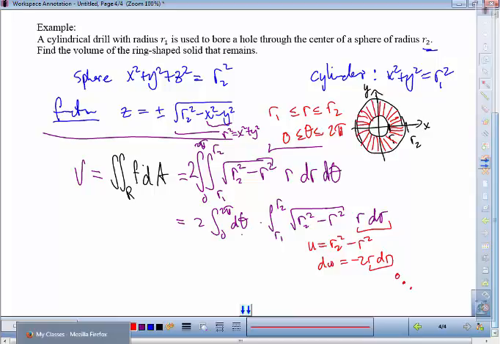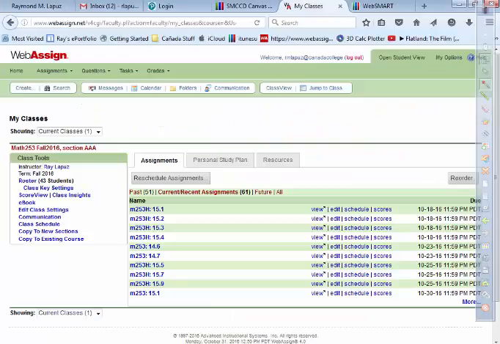So I wanted to do one more problem that did not have constant limits, because that could happen. And I couldn't really think of a good one, so I'm going to have to maybe take a peek at your homework.